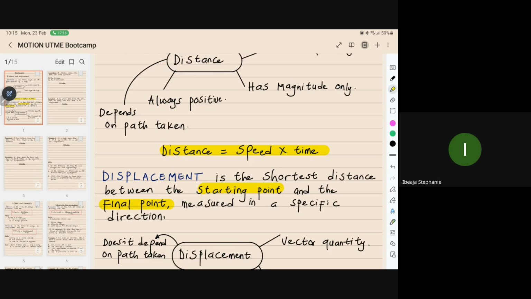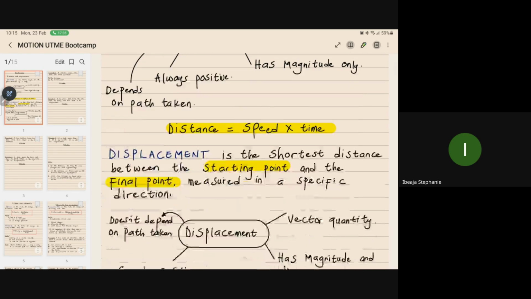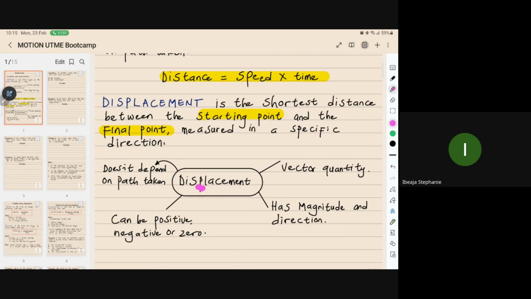You have a starting point and you have a final point, and displacement happens to be the shortest distance between them, and it is measured in a specific direction. These are key concepts I want you to always remember about displacement. Now, the next key thing is that displacement does not depend on the path taken, unlike your distance, right?